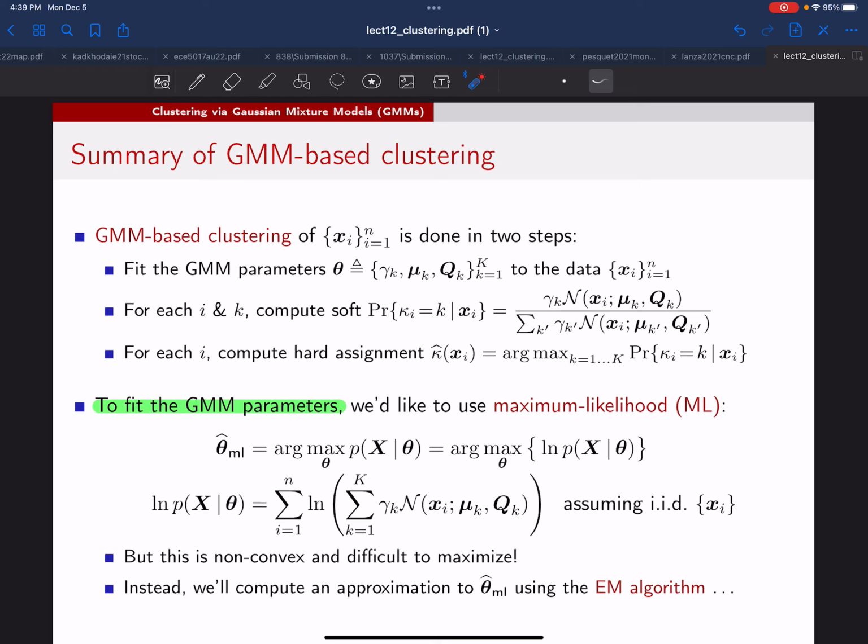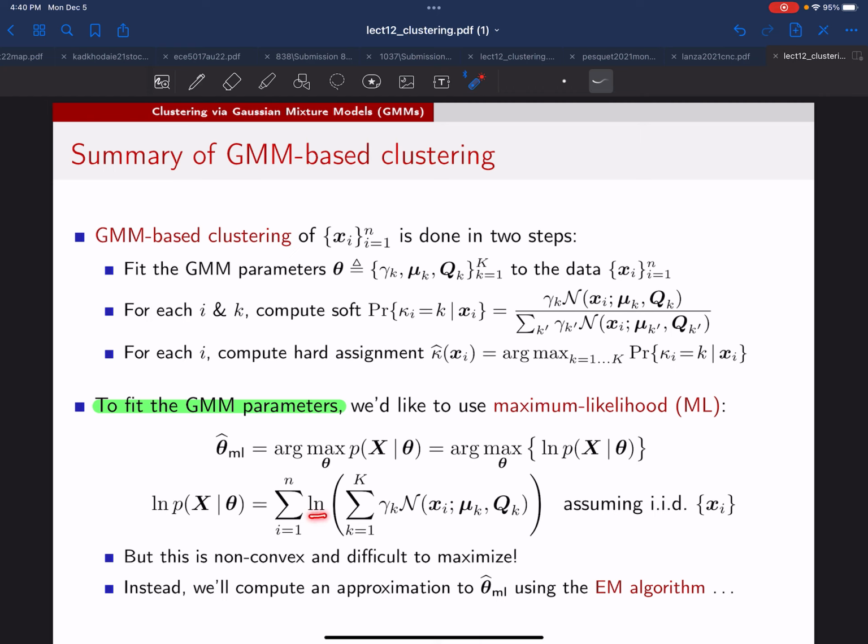And furthermore, in this problem, again, we're going to assume, like always, that these x_i are generated independently. Then the log likelihood gives us a sum over the samples of the log of, in this case, the probability of x given theta.